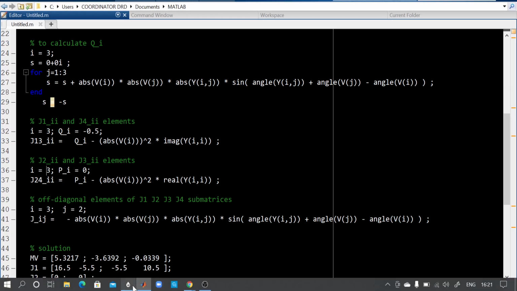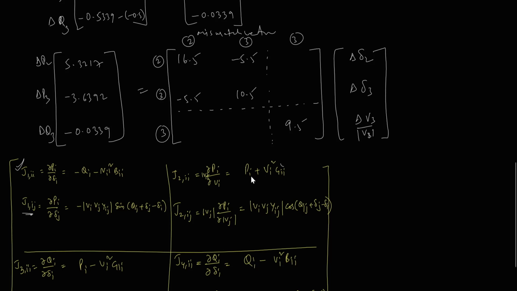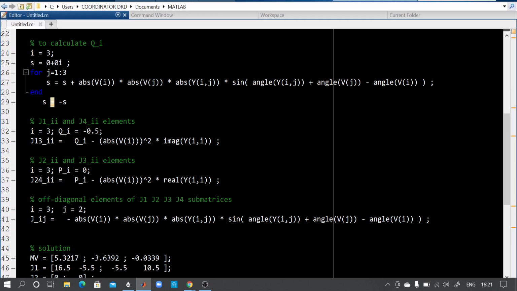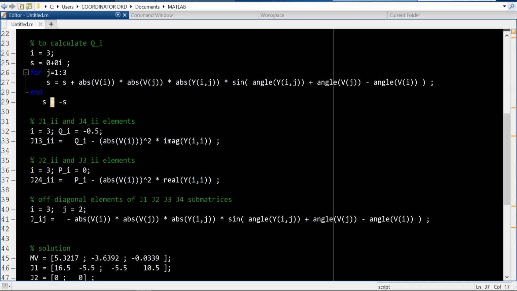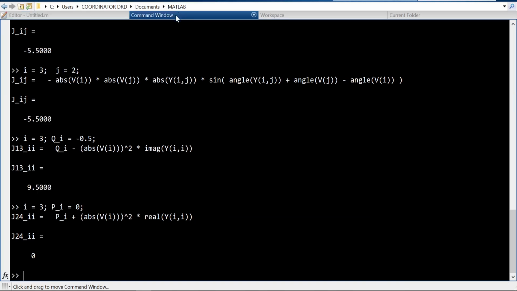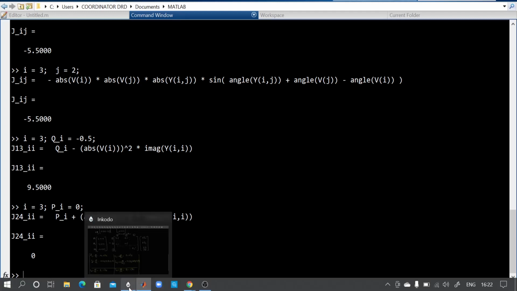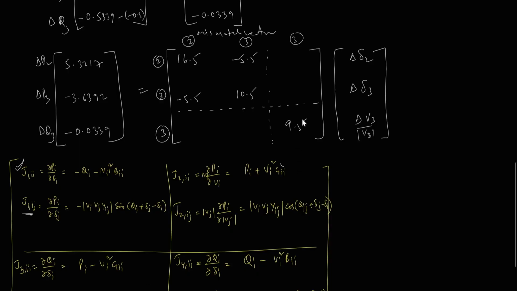So Pi plus, this is plus, so I had kept minus there. This is plus, this is plus. So Pi plus Vi square Gii. If I evaluate this one, I'll get 0. And similarly this is 0.